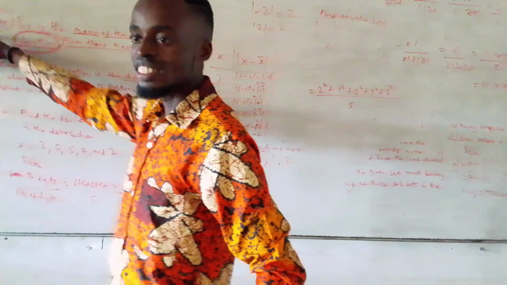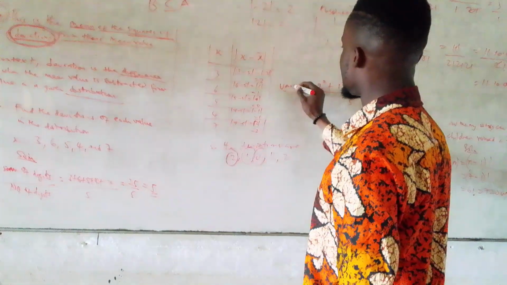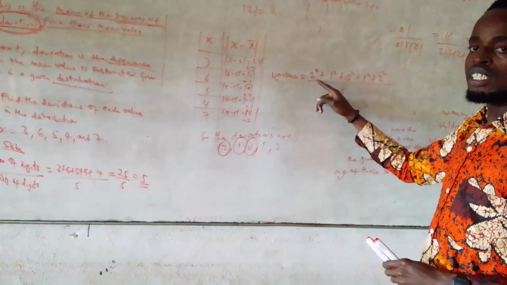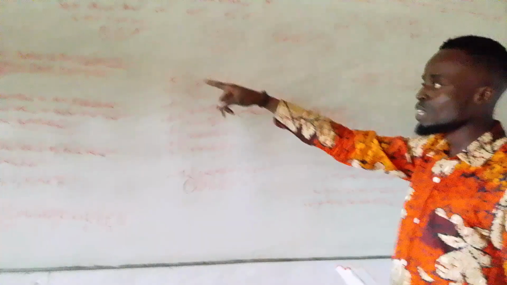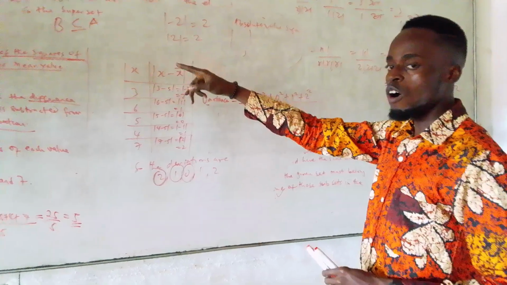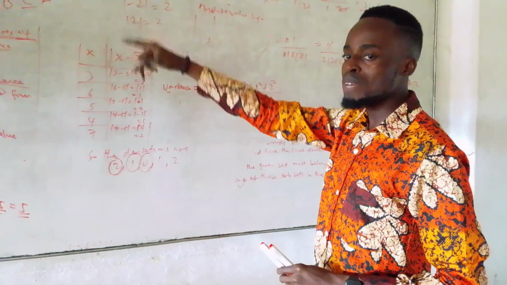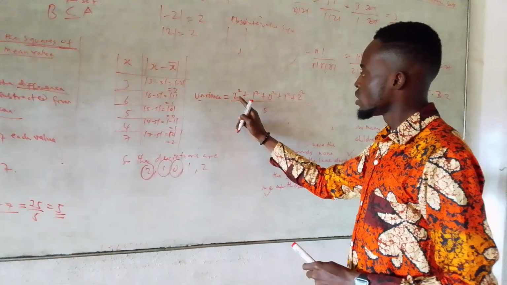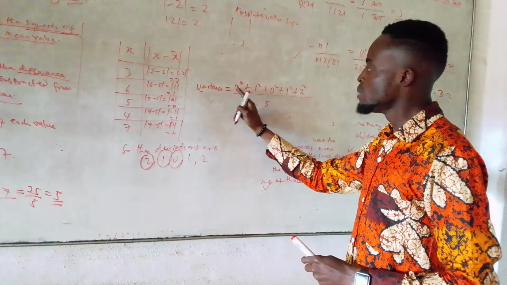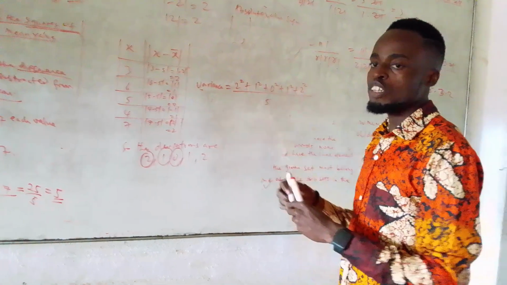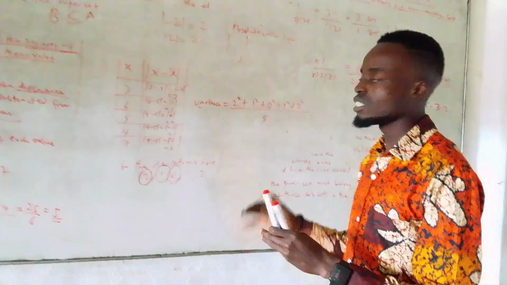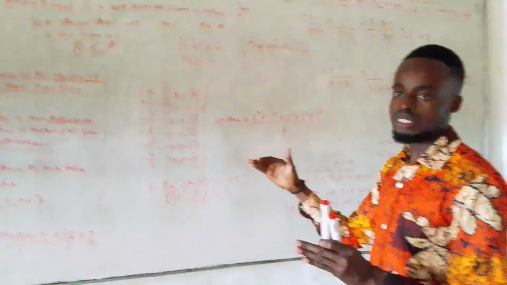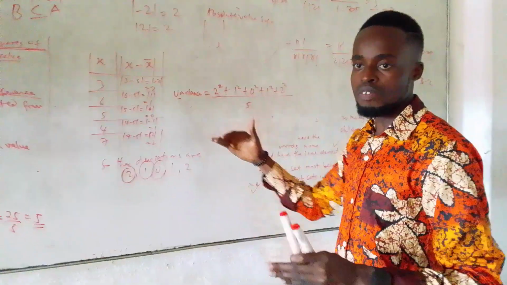Variance. So variance is the mean of the squares of deviations from their mean value. So the mean, like I said earlier, is a summation of values divided by the number of values.